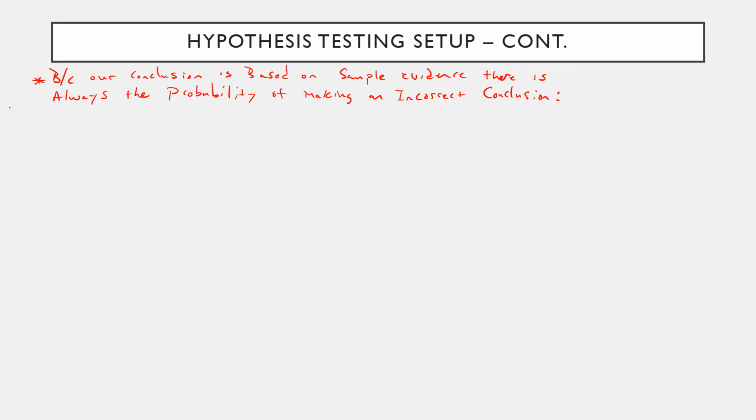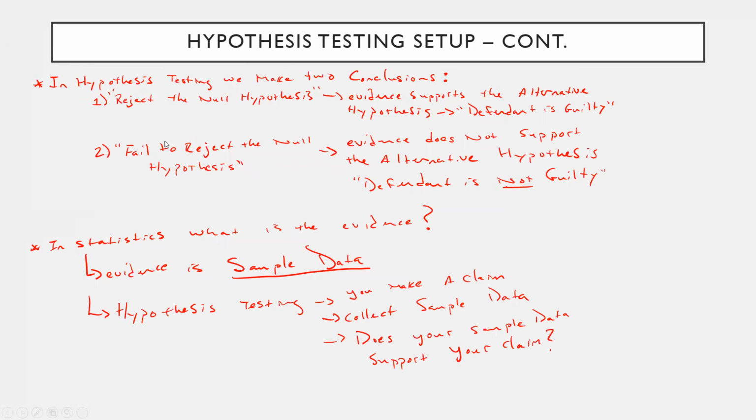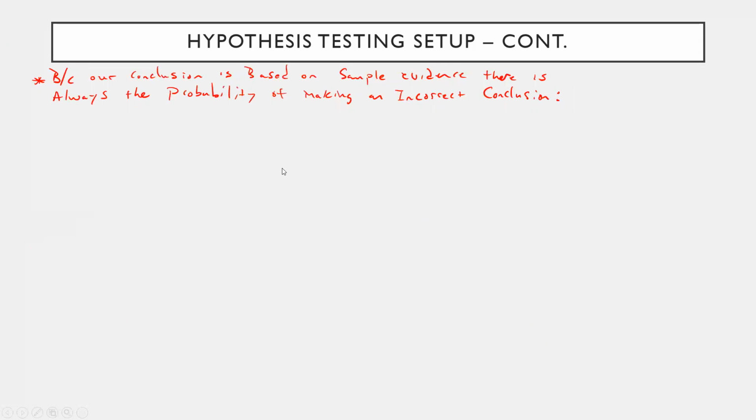So while there's only two conclusions that we can make, we can reject the null hypothesis or we can fail to reject the null hypothesis, there's actually 4 outcomes that can happen because you can always make an incorrect conclusion. Let me go through the 4 outcomes.